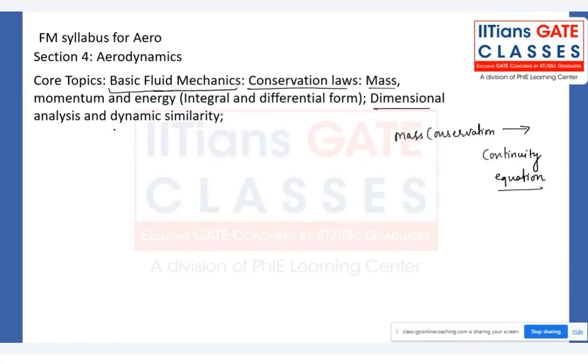So basically, if I write the fluid mechanics syllabus that we will be covering, what you are observing is the official syllabus from the GATE website, right? But for fluid mechanics for aerospace, what are all the topics that we have to cover?